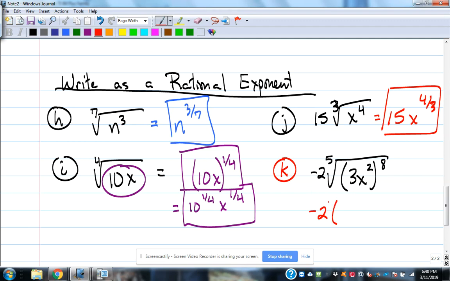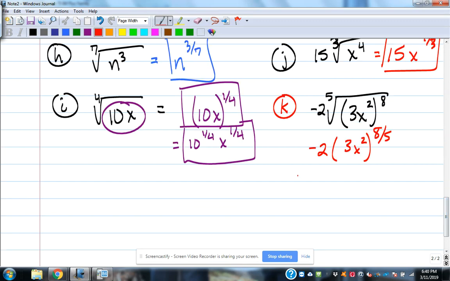Like that? Is that what you're saying? And then 3x to the 2nd, 8/5. Yeah. Can we simplify that a little bit? How? -2 times 3 to the 8/5, x to the 2 times 8/5, 16/5.